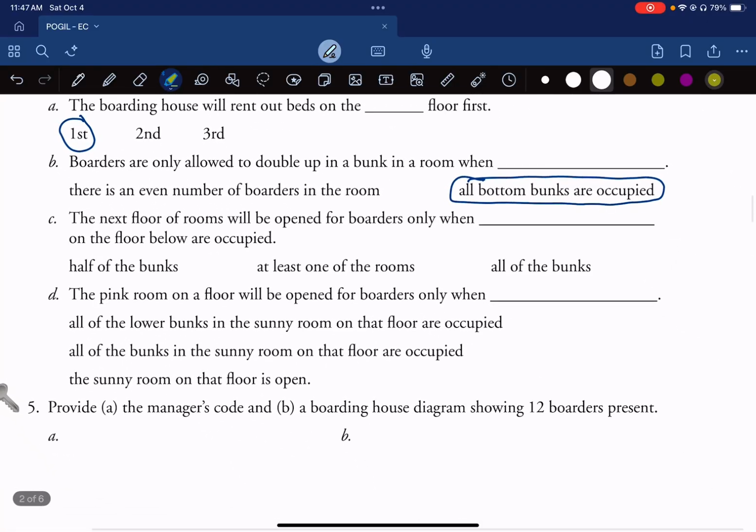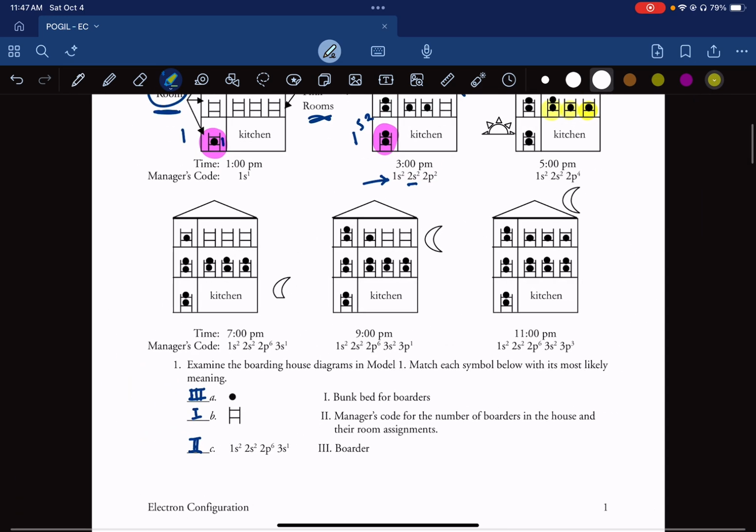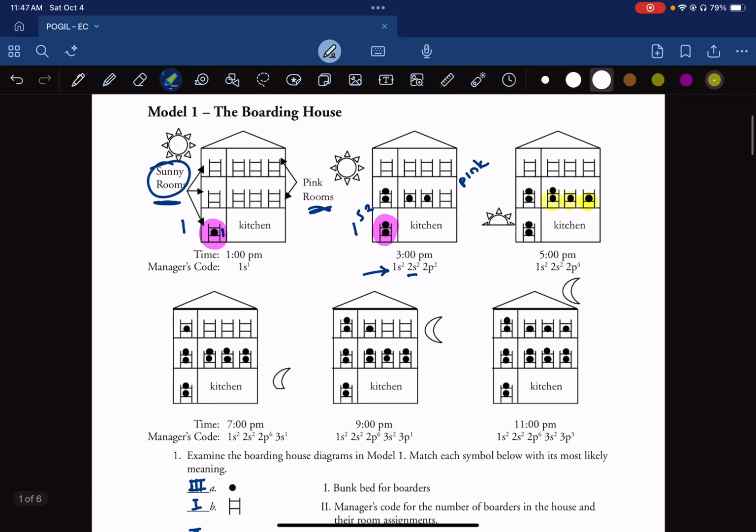And now it says the next floor of rooms will be open for boarders only when blank on the floor below are occupied. Okay, so it says half the bunks, at least one of the rooms, or all of the bunks. So it's basically saying that the manager is not going to put somebody on the third floor, for example, until all of the lower floors are full. All right, and that looks to be the case.